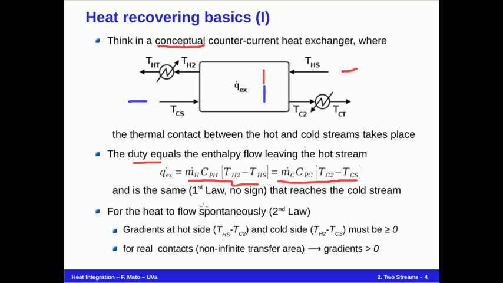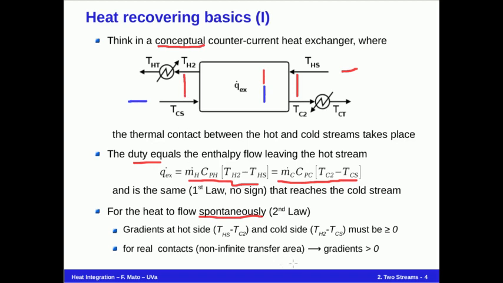This is for the first law, and for the second, for the heat to flow spontaneously, the gradients on the hot side, this side, the difference between these two temperatures, and the cold side also, must be greater than 0.